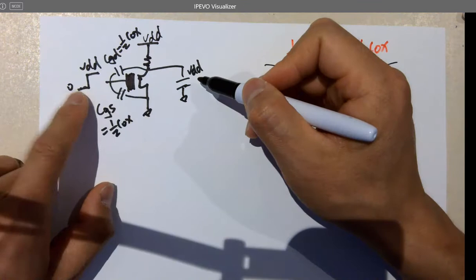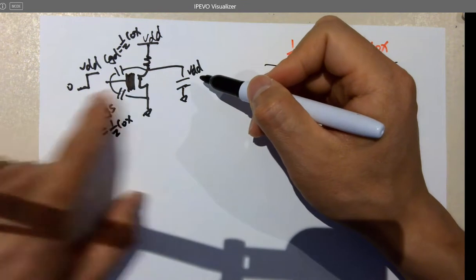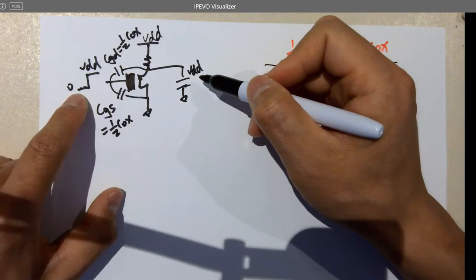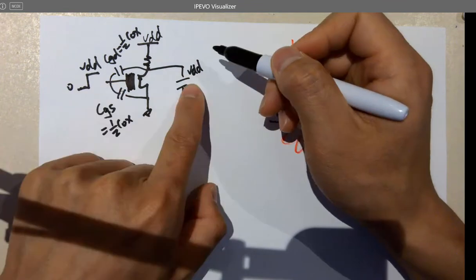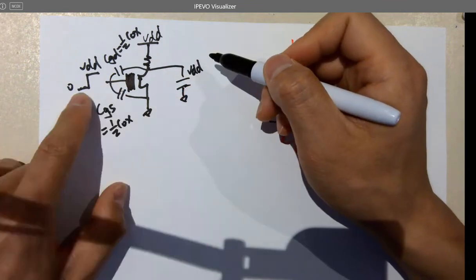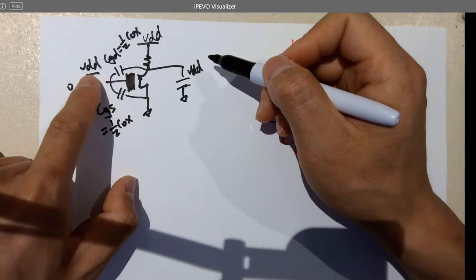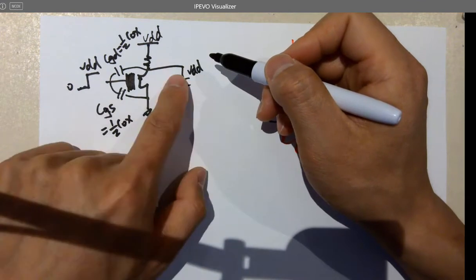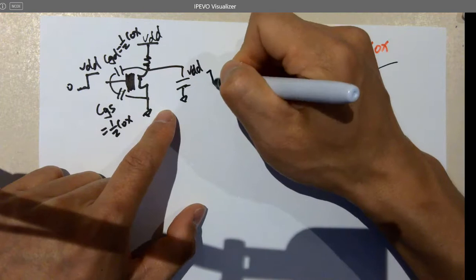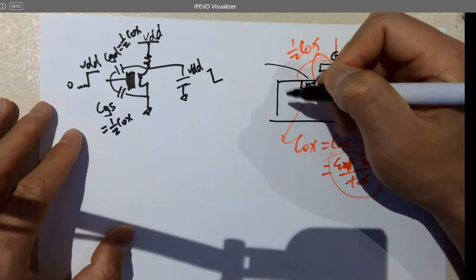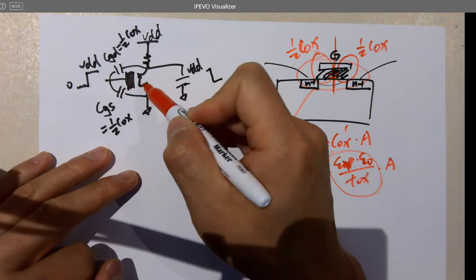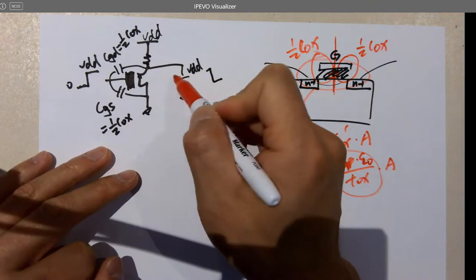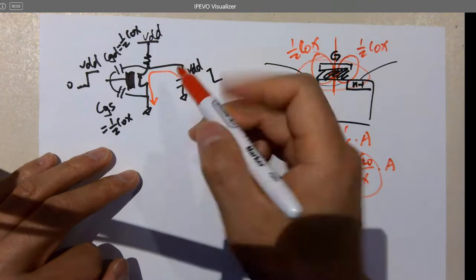It's the same if you have this connected to here, but you just connect 0 volts to the gate. It's the same effect. This one will be charged up to VDD. Whenever this goes up from 0 to VDD, this one goes down from VDD to 0. Is that correct? Why? Because the MOSFET is turned on and it's going to discharge this one to the ground. The charges go to the ground.